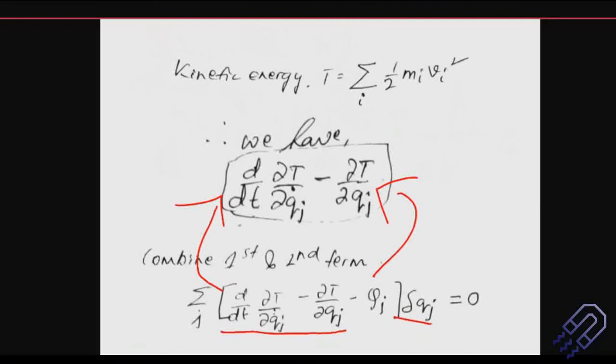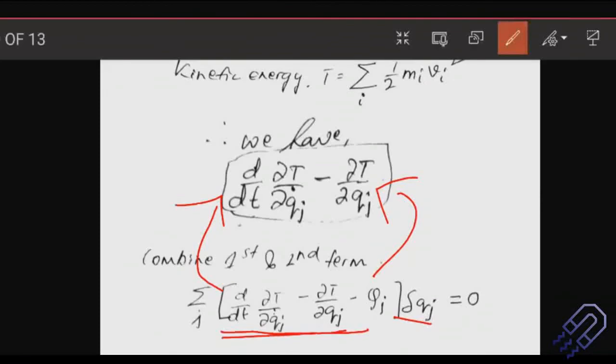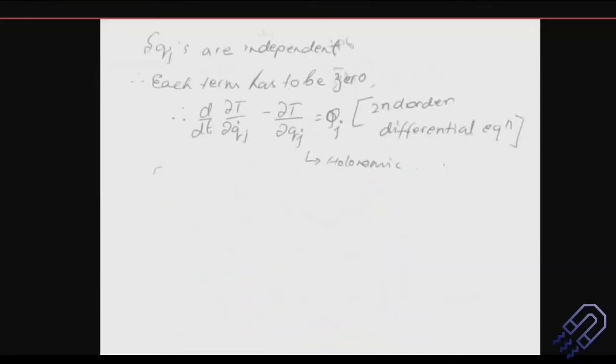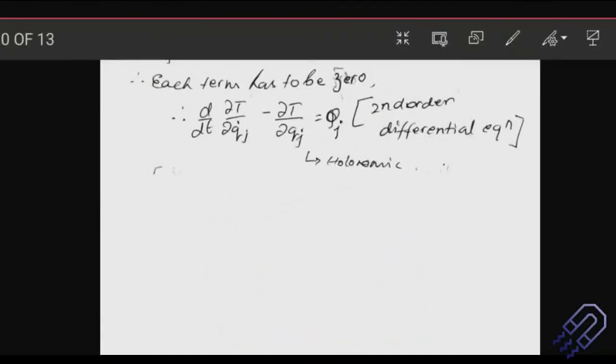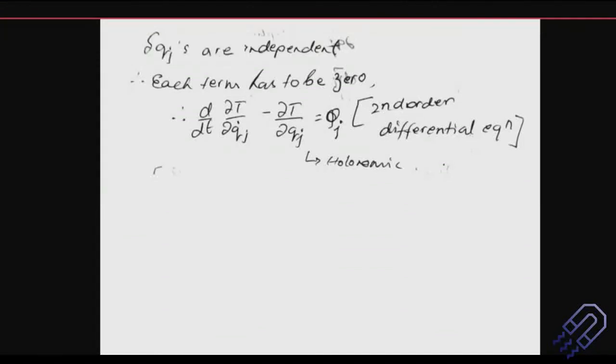It means that if we take this part and this part independent of each other, then this part separately should be 0, since this is a virtual displacement, so that the answer is 0. If you do that, we see this part is 0, so d/dt of delta T delta qj dot minus delta T delta qj is capital Qj, which is the generalized force.